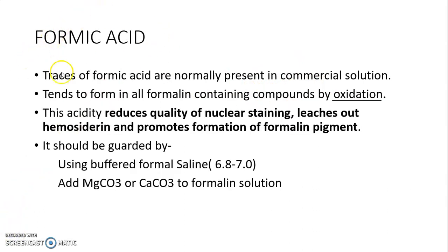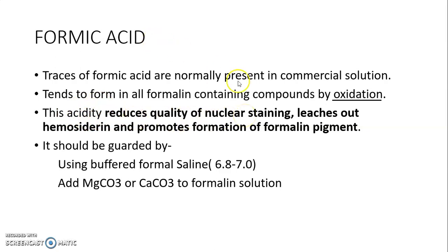Formic acid. Traces of formic acid are normally present in the commercial solutions of formalin. And formic acid tends to be formed in all formalin containing compounds by oxidation. So this formation of formic acid will increase the acidity, that will reduce the quality of nuclear staining.